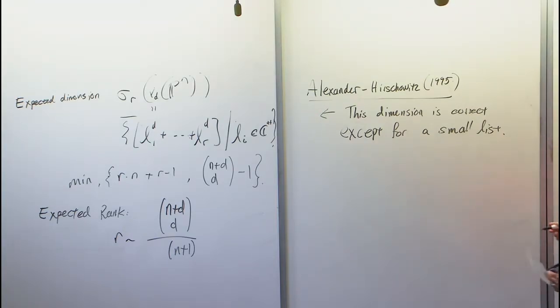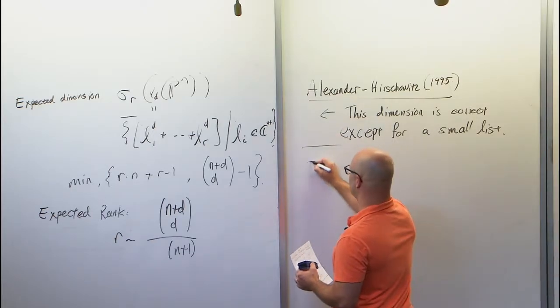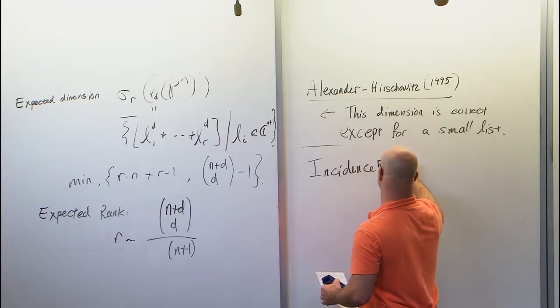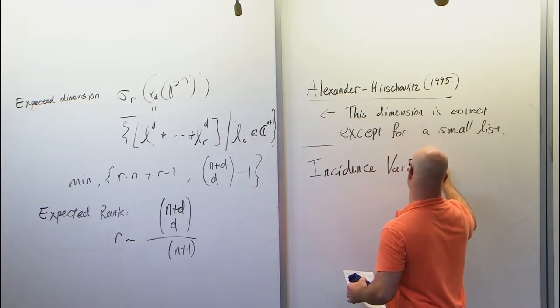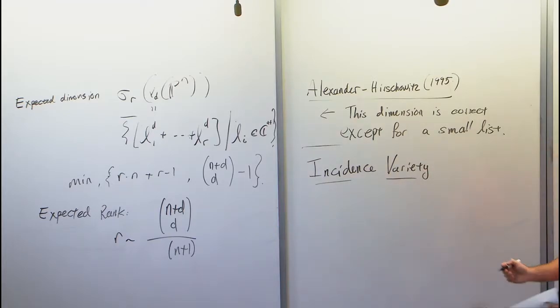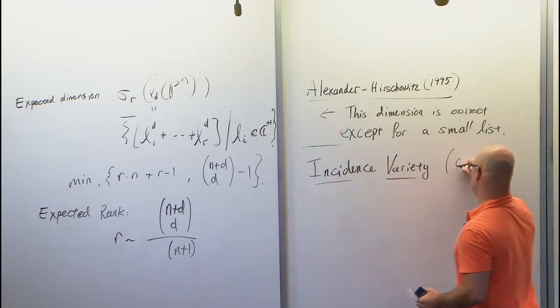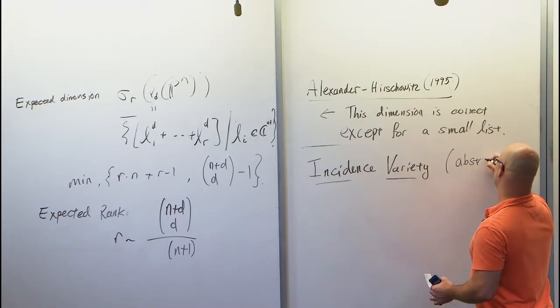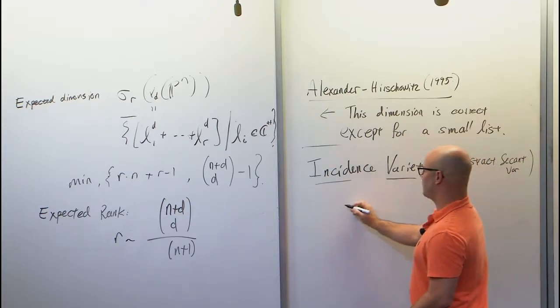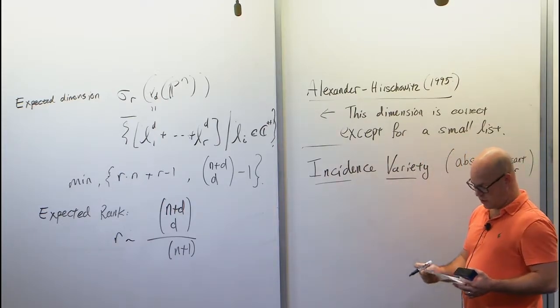Let me tell you why I expect finite decompositions here. So I need the incidence variety. Usually it's called an incidence variety because it's much more general than this, but it's also called the abstract secant variety. So the abstract secant variety is just the variety where nothing can go wrong.